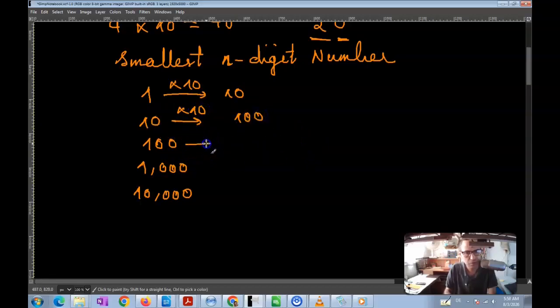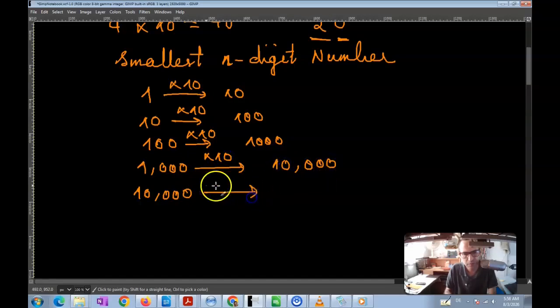If you have 100 multiplied by 10, you will have 1,000. If you have 1,000 multiplied by 10, you will get 10,000. And if you have 10,000 multiplied by 10, you will have 100,000. It just keeps going, right?